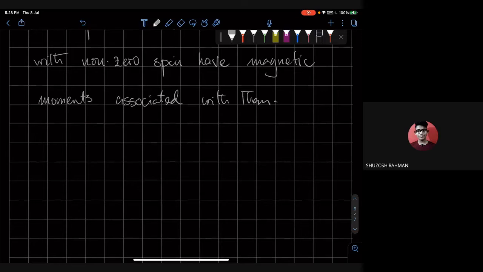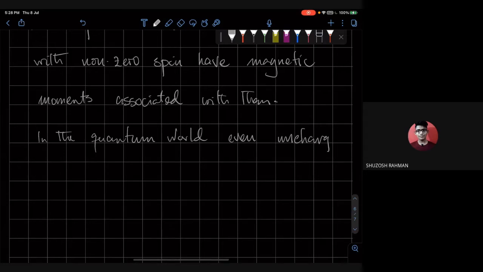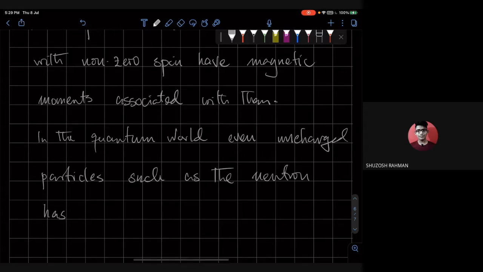So what is interesting is that in the quantum world, even uncharged particles such as the neutron have magnetic moments.